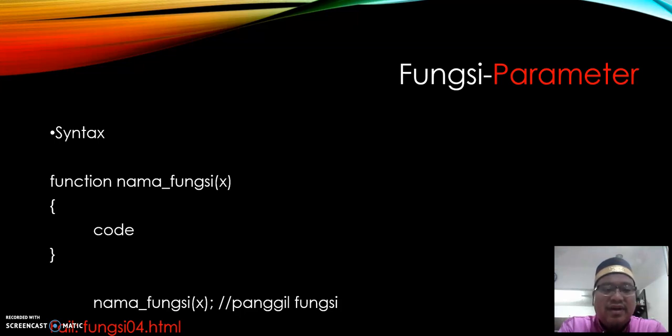The next function has a parameter but does not return a value. And the last has a parameter, and we return the value. Okay, I will give you the basic syntax of a function.